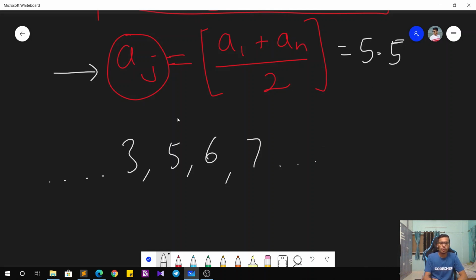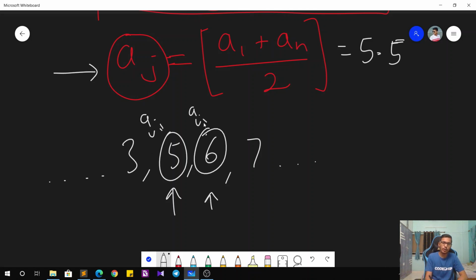So we find the neighboring values 5 and 6, and we find the value of the expression at both, for aj equal to 5 and aj equal to 6. Whichever gives the larger value is going to be our weight. So we only need to check two possible values of aj.